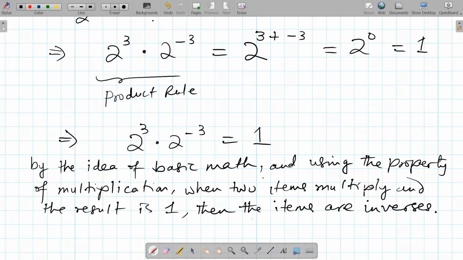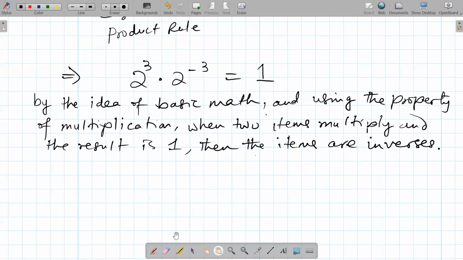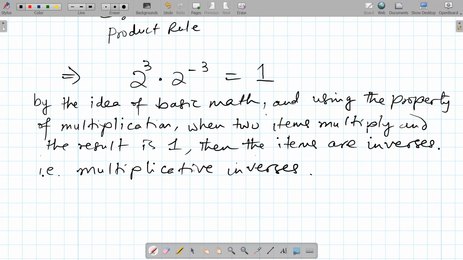Basically, we say they are multiplicative inverses.